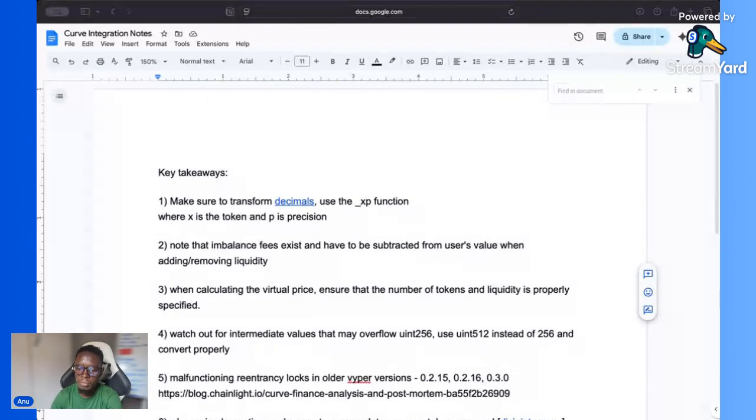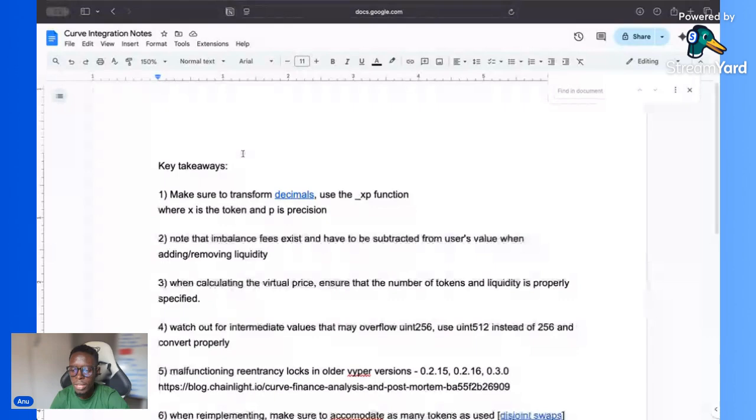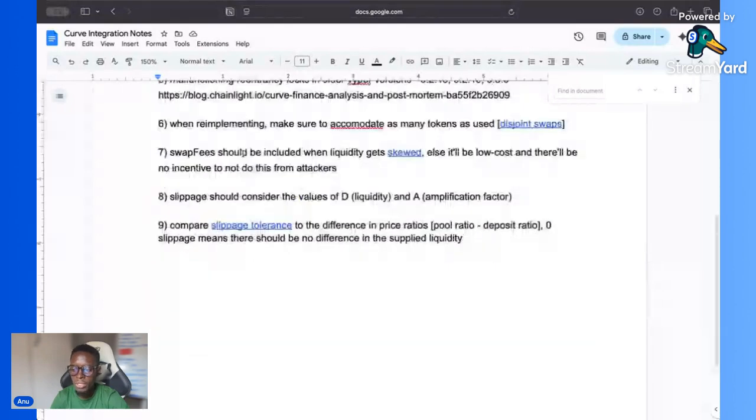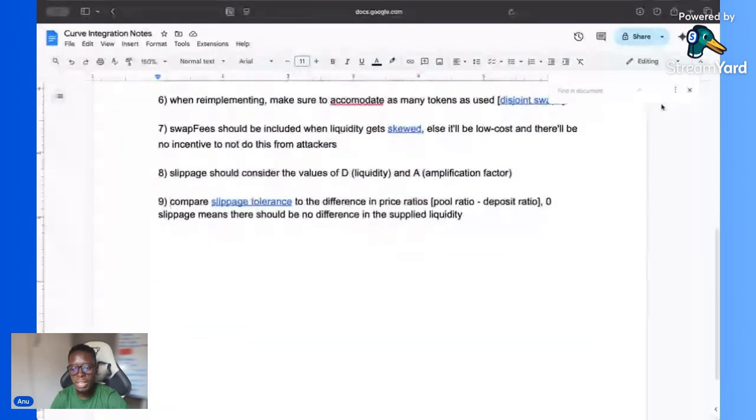The next issue, issue number 6, is to accommodate as many tokens as used. Okay, I did explain a bit of this earlier when I mentioned that your calculations, your adjustment, should factor in each of these tokens.